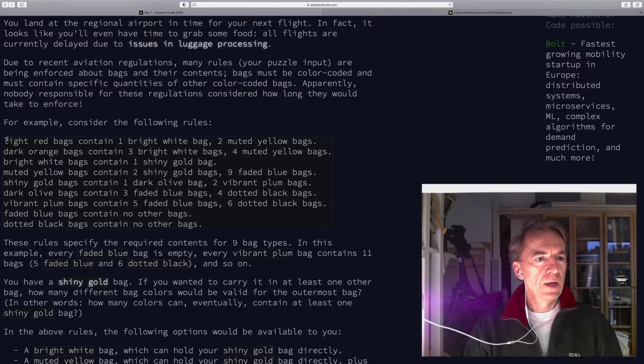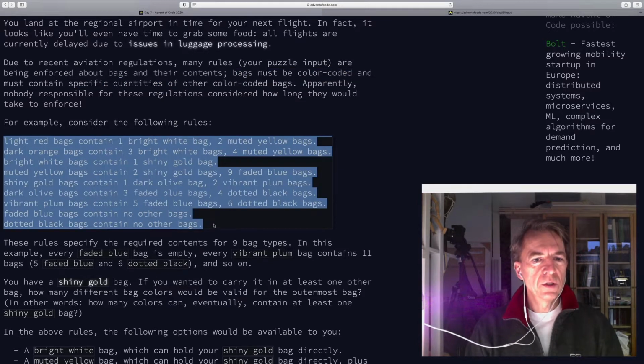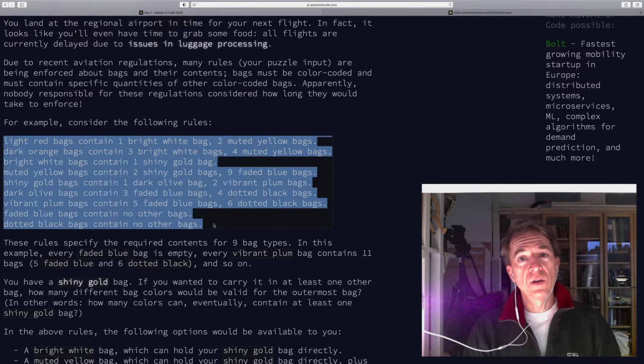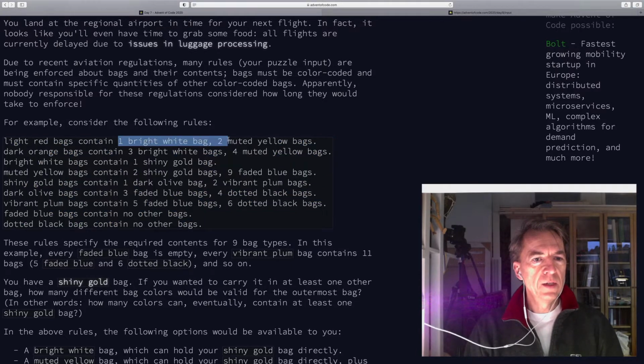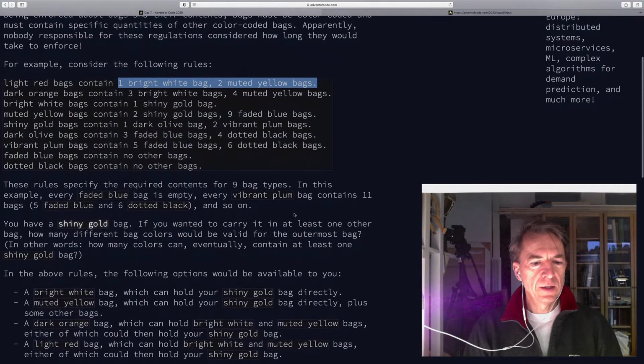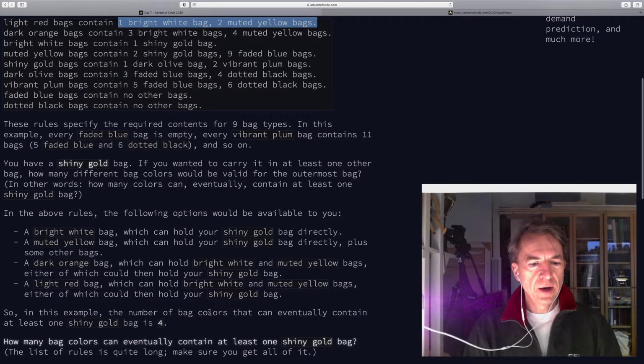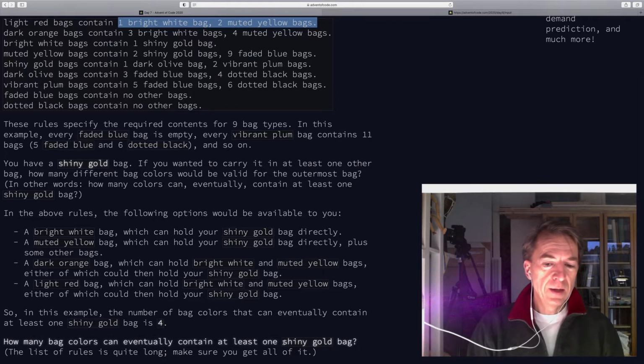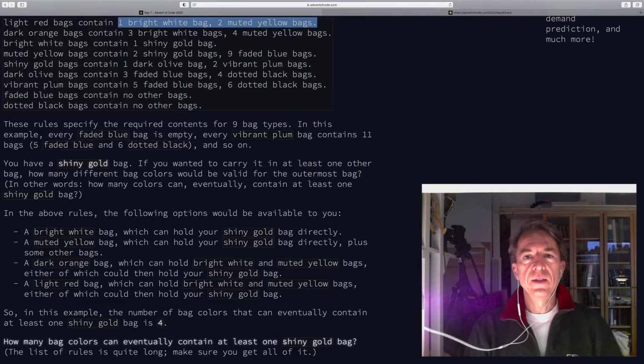And then you get a list of these rules that tells you that a specific colored bag contains a combination of other colored bags. The problem, of course, is then to backtrack from bags that can contain shiny gold bags and then go upwards to their parents and their parents and their parents and see how many ways there are to carry shiny gold bags.